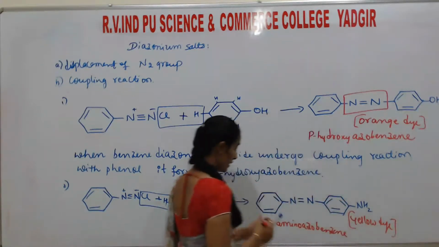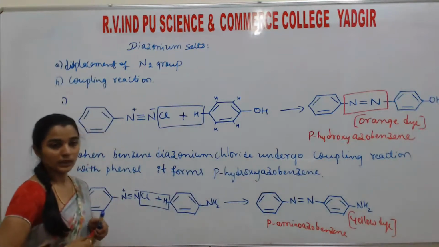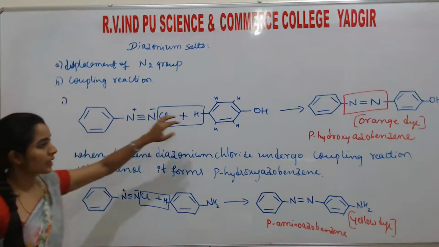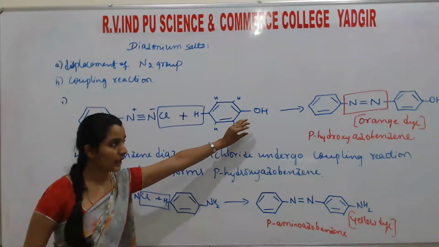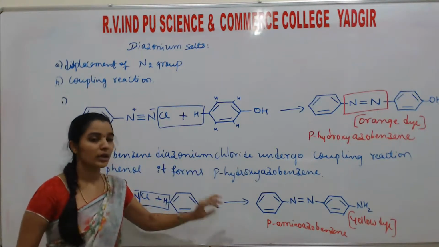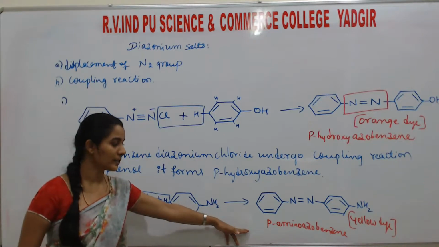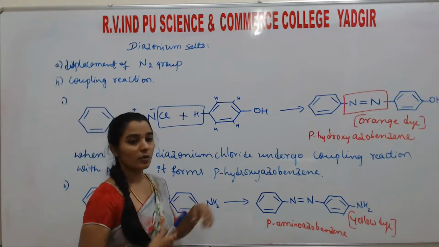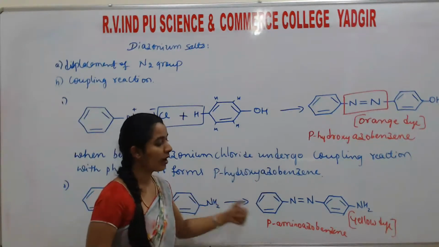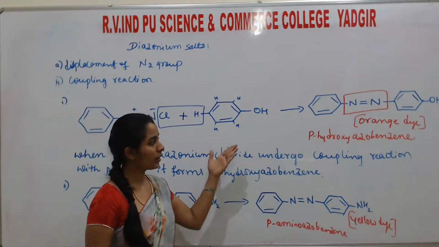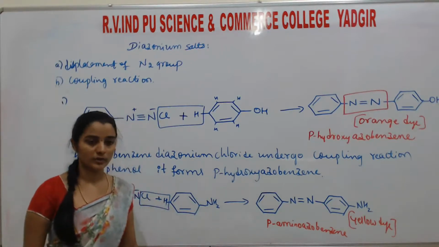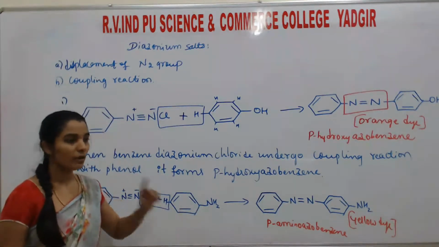Dye means a color. So this forms para hydroxy azobenzene, an orange dye. This forms a yellow color dye, that is para amino azobenzene. So one mark, it is important. What is the formula of orange dye? What is the formula of yellow dye? Para hydroxy azobenzene. This is para amino azobenzene. You have to remember this one more.